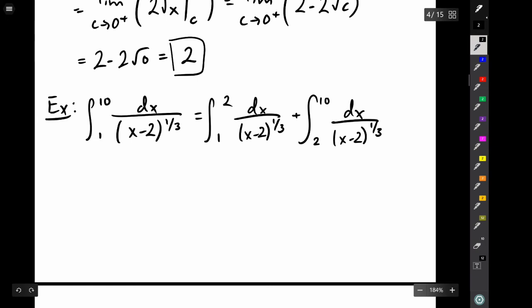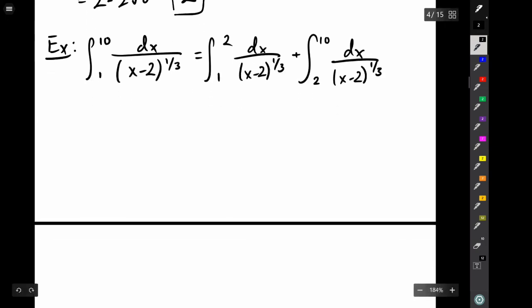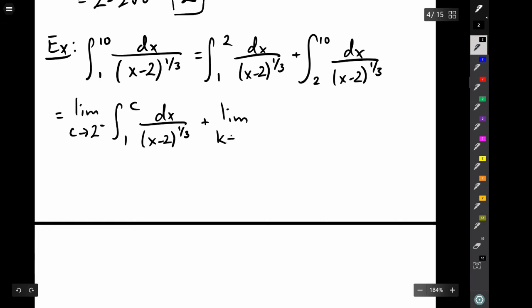To do each of these, we have to take the limit as we approach 2. We approach 2 from the left in the first integral, and from the right in the second integral.